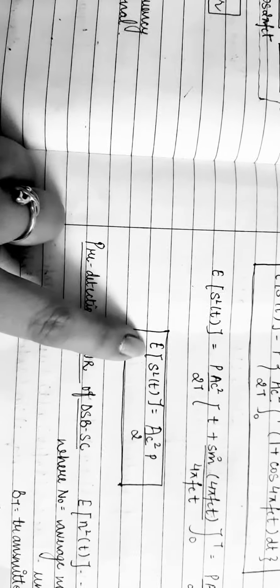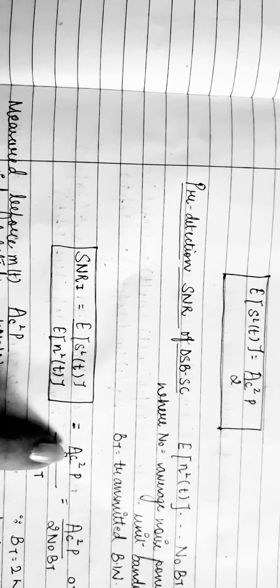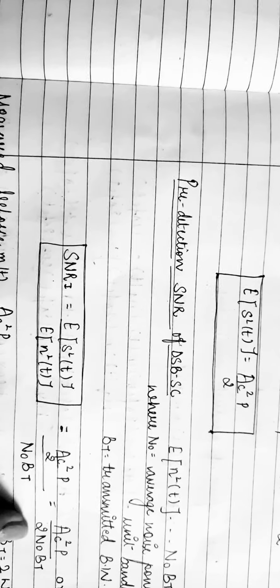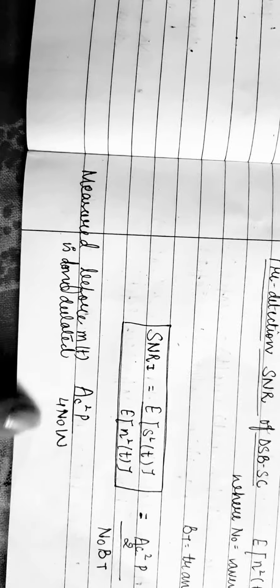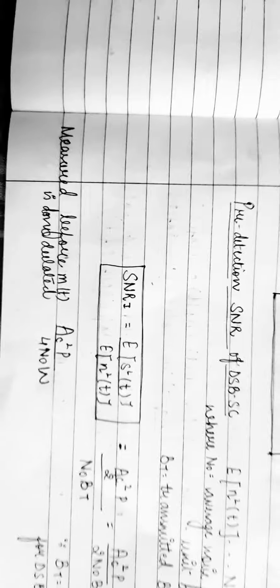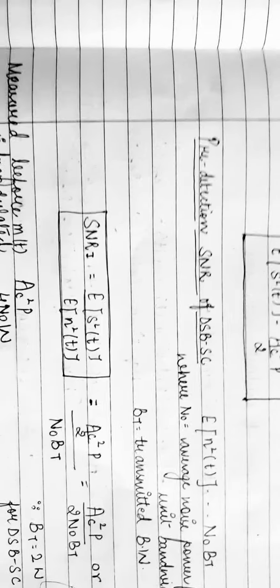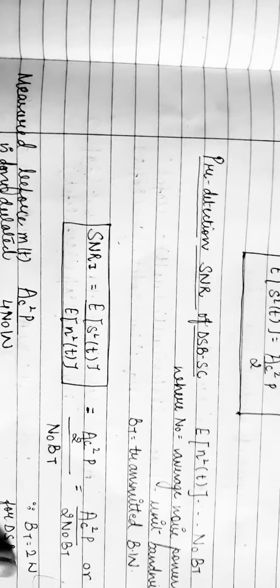We have calculated the value of the expectation of s squared t, and we know the value of the expectation of n squared t. Putting both values, we get Ac squared upon 2 into P upon N0 into BT. So after calculating, we get Ac squared P upon 2 N0 BT, or we can say Ac squared P upon 4 N0 W, since in double sideband suppressed carrier the transmitted bandwidth is always twice W.